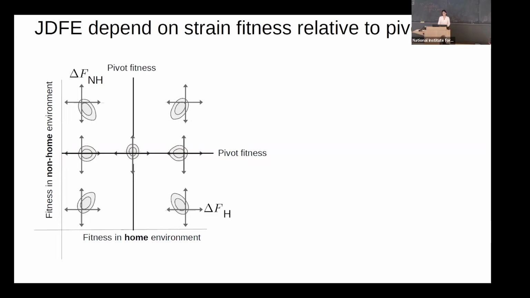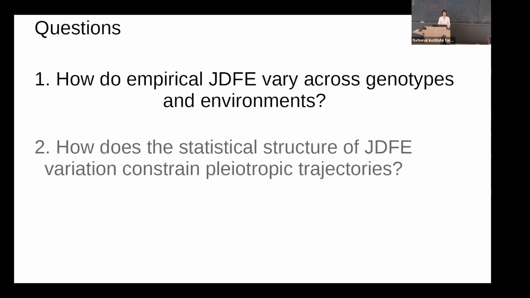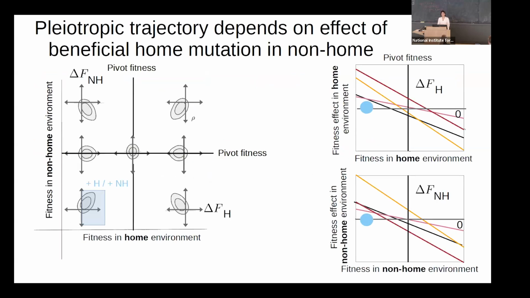And so to move on from here, we come to the second question, right? So how does the statistical JDFE variation, which was discovered in this experiment, constrain pleiotropic trajectories? And to begin to answer this question, we can now use these JDFEs here, which we constructed before.